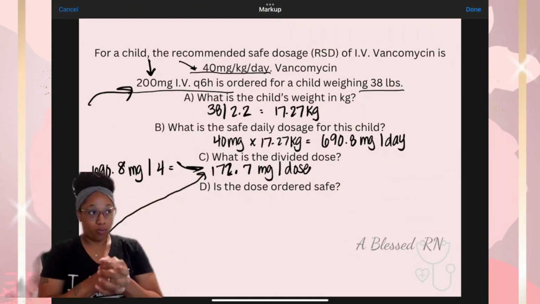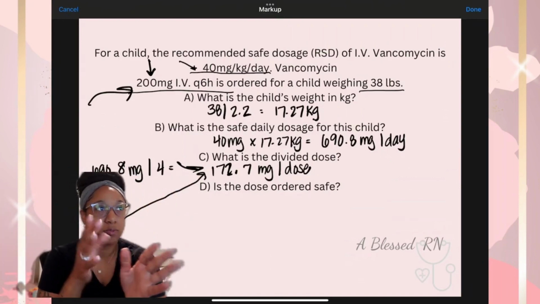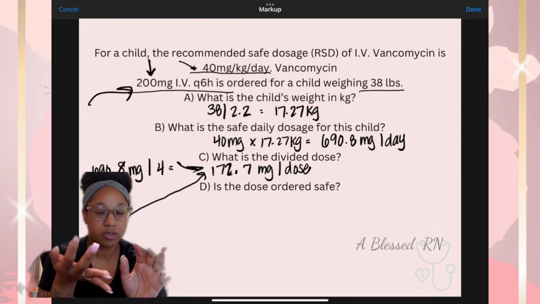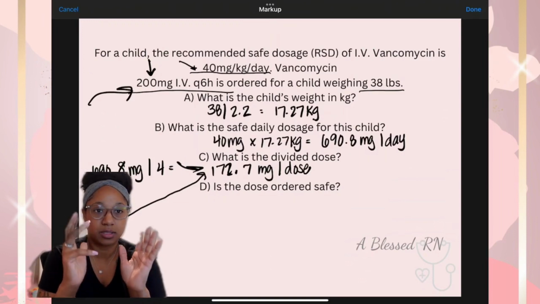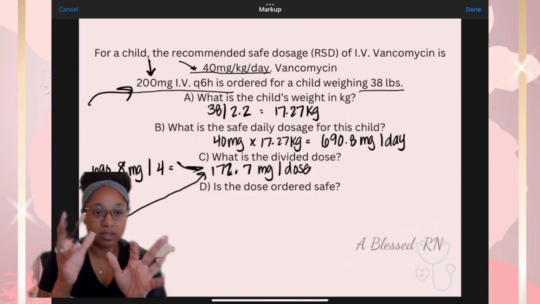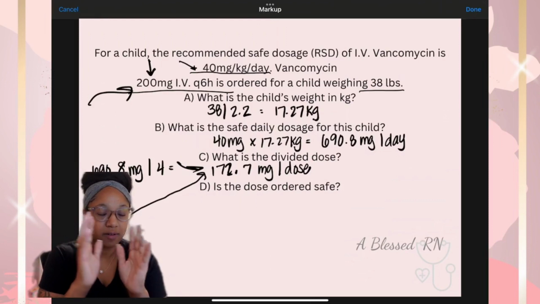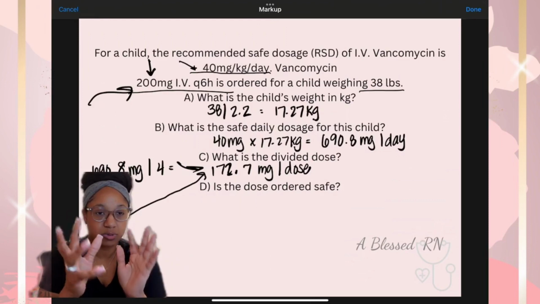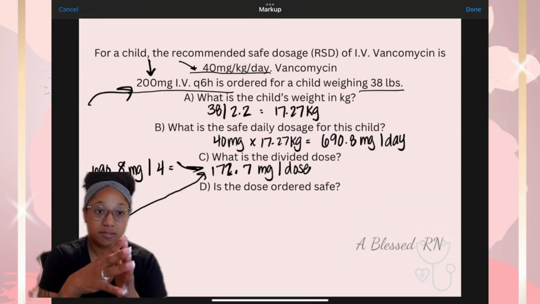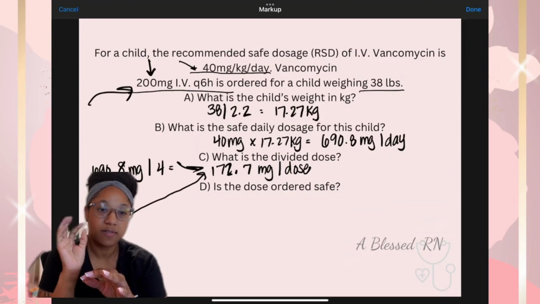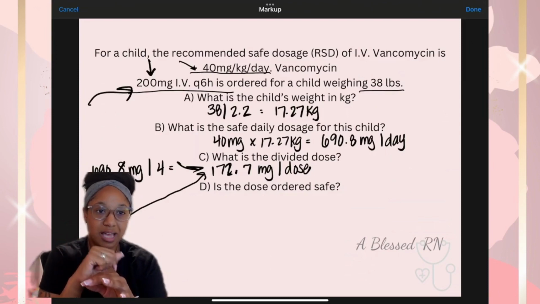Okay. So it's not safe because we've got this number that you multiply by the weight in kilograms of the body, right? So we determined that you can have all these milligrams according to their weight. Then it's divided into 4 different doses because you're giving the prescription every 6 hours.